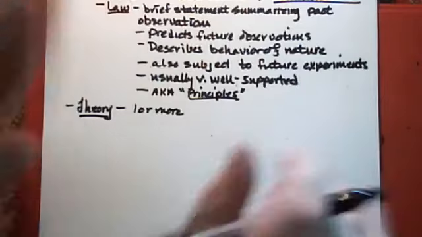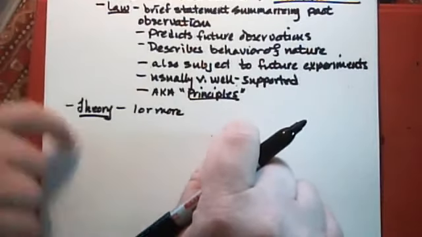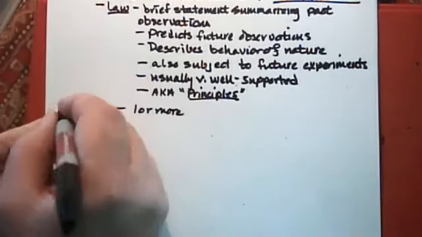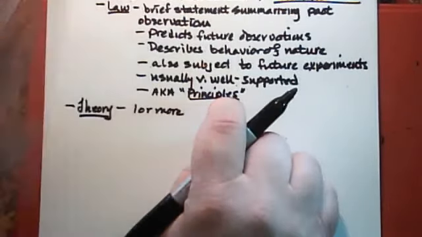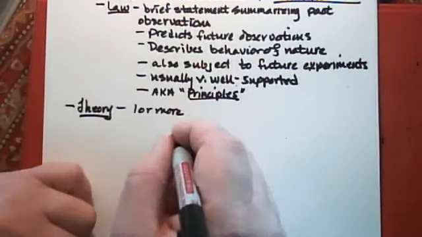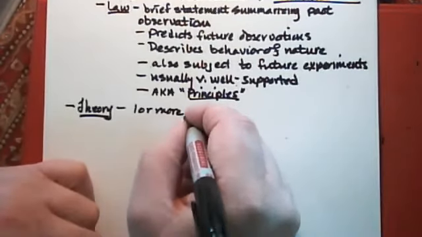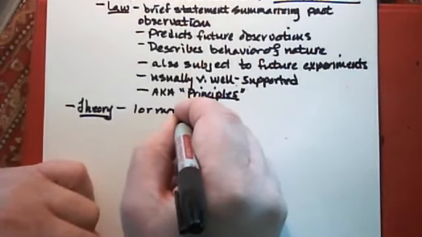That's pretty much it. Whereas compare that to something like the theory of evolution or the Big Bang theory. There's a lot of stuff involved in those. Okay, so a theory is broader. It's one or more well-supported hypotheses, usually quite a few more than one.